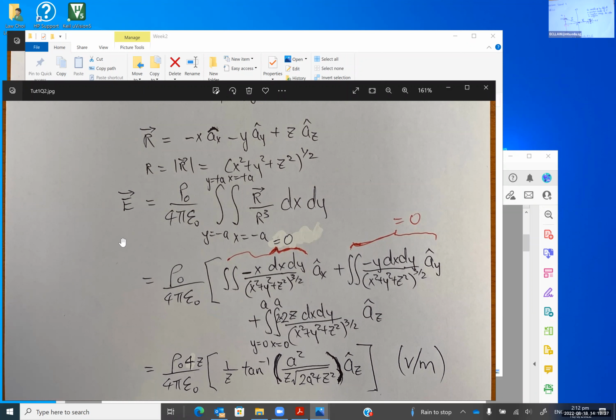Okay, any questions, anyone on this? Jorel, you asked how to know y equal to a, x equal to a. I'm not sure what you mean, Jorel. Do you want to unmute and say? Are you asking about the integration limit, why we're integrating x from minus a to plus a, y equal to minus a to plus a?